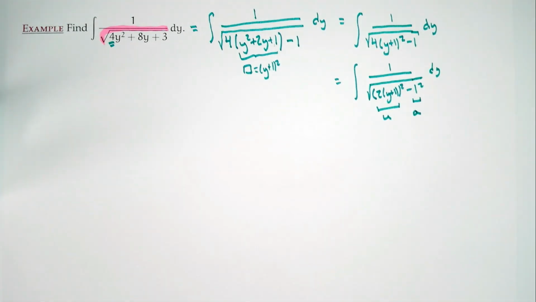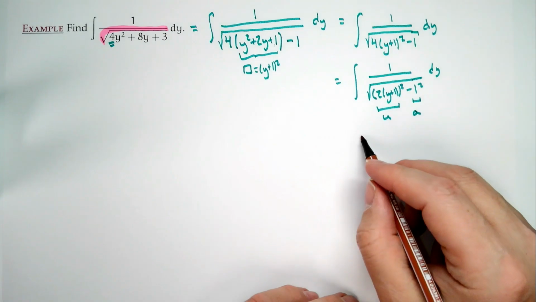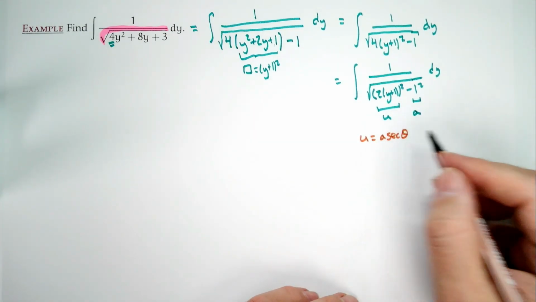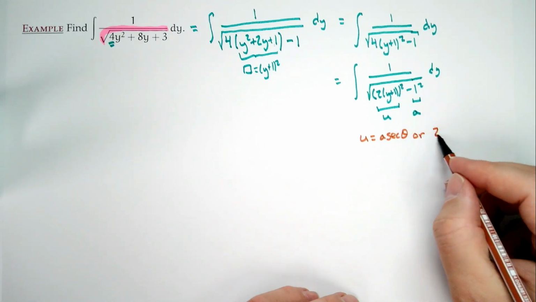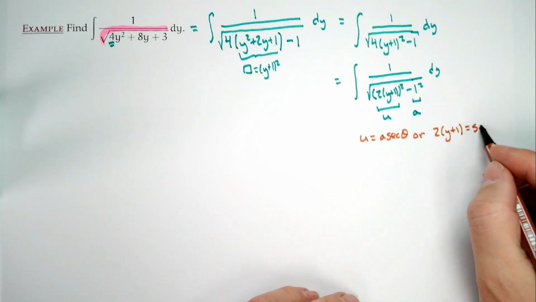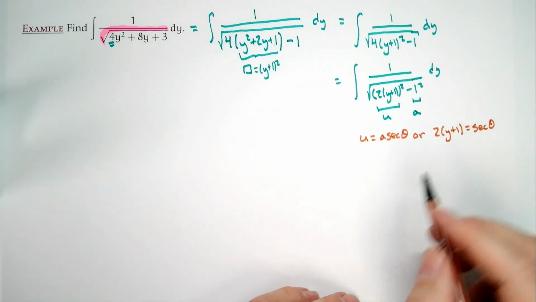Now what's the right kind of substitution? It's u squared minus a squared, which means the right substitution is to let u equal a secant theta. Or, in our case, 2 times y plus 1 is equal to secant theta.